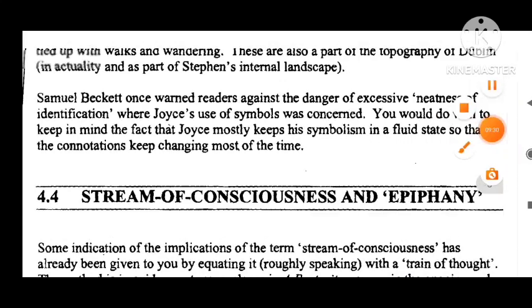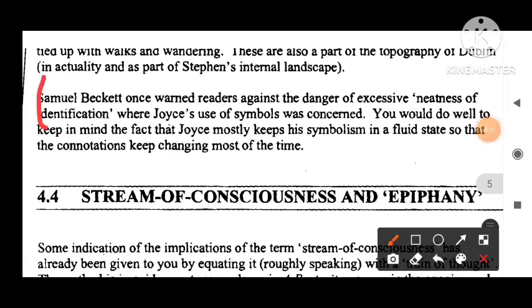So here is a main key point, you can note it down in your diary.